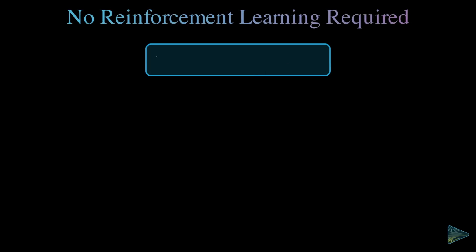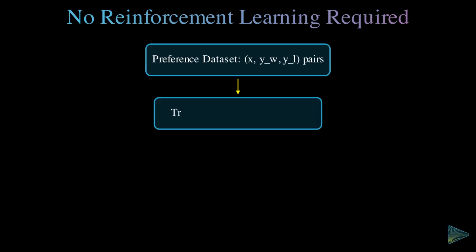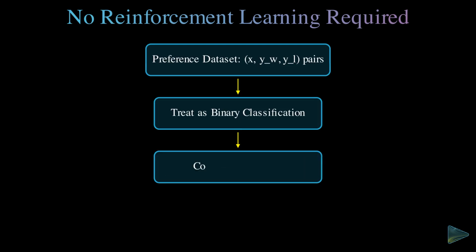The beauty of this formulation is that this loss can be optimized using standard supervised learning techniques. No reinforcement learning required. Here's the complete training procedure. We start with a preference dataset containing tuples of prompt x, preferred completion y_w, and dispreferred completion y_l. We treat each preference pair as a binary classification example.